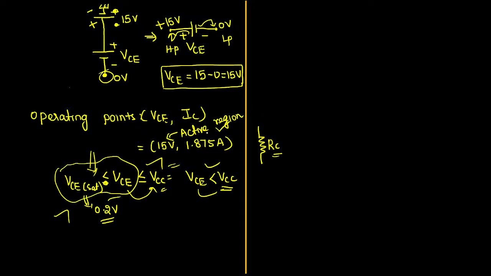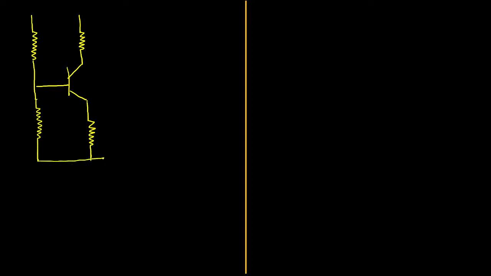I'm drawing the next one. The given circuit has a transistor. This is the collector resistance. We have one more resistor here, and here we have one more resistor, like this, and these two terminals will be connected with the ground in this manner.